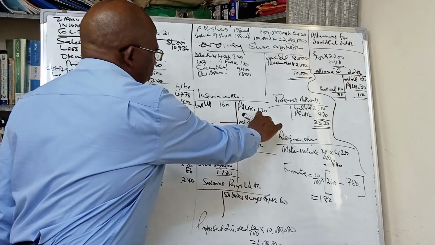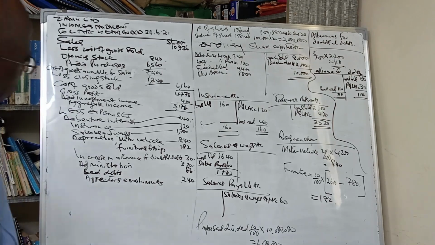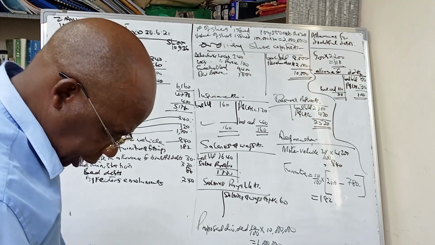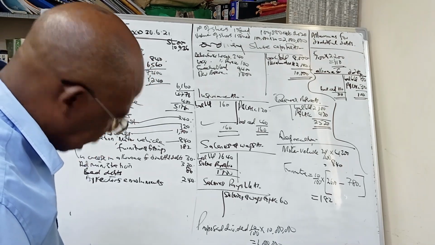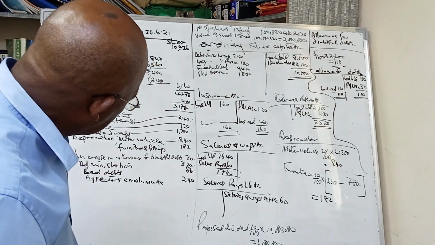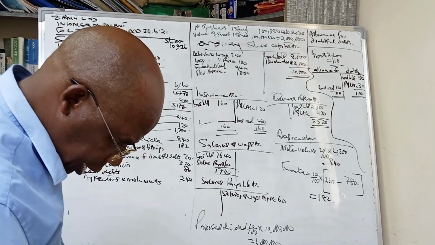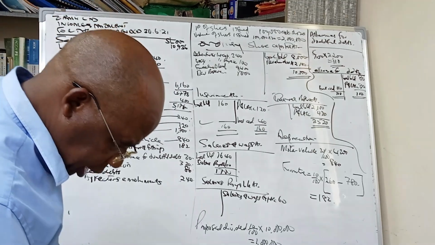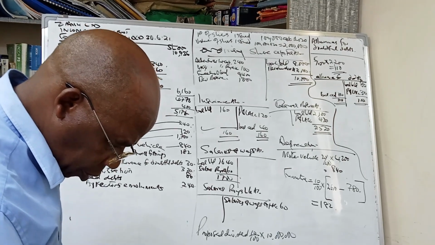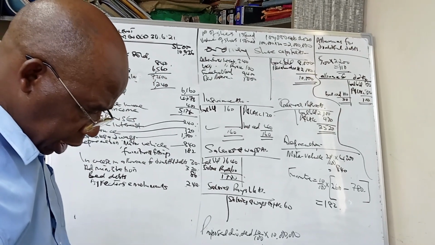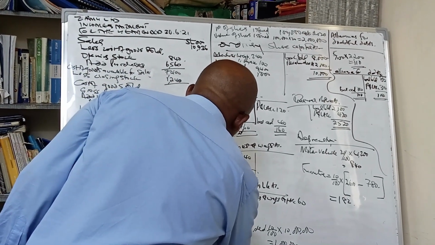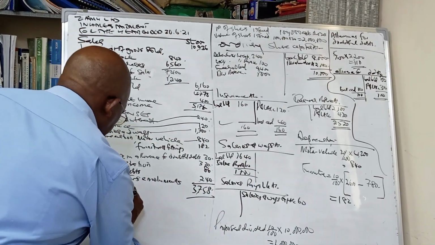So if we were now to add them up, 240 plus 120 plus 1700 plus 840 plus 182 plus 30 plus 320 plus 86 plus 240, we get a figure of 3758. That becomes total expenses.